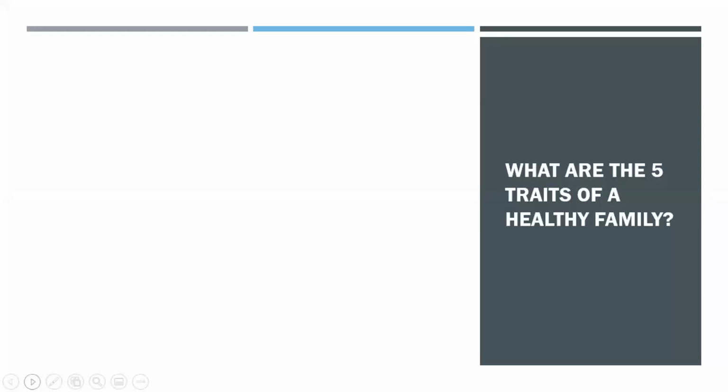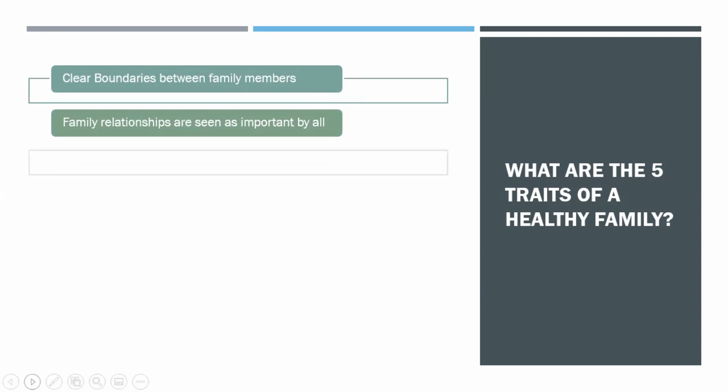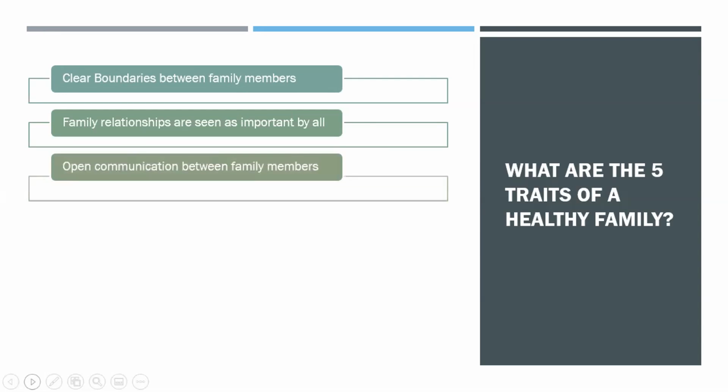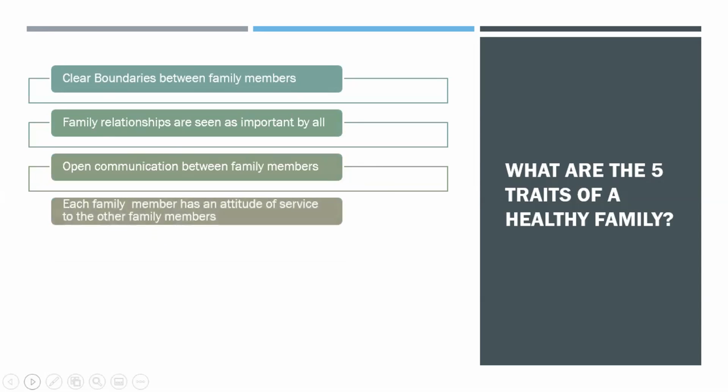So there are 5 traits of a healthy family, and we've discussed some of these along the way during class. Clear boundaries between family members lend to healthy traits. Family relationships are seen as important by all. Open communication between family members exists, and it's encouraged. And each family member has an attitude of service to the other family members.